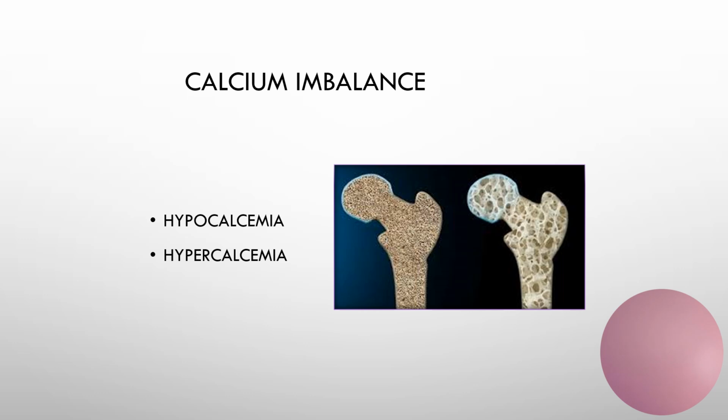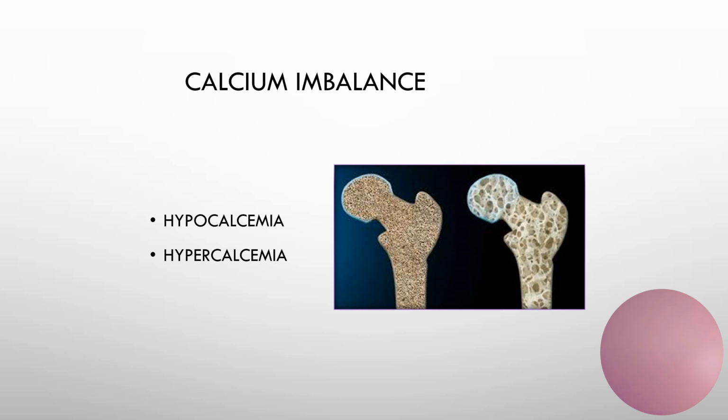We may have hypoparathyroidism, burns, pancreatitis, corticosteroids, blood administration. We have an intestinal malabsorption problem. It can often be the result of damage or inadvertent removal of the parathyroid during a thyroidectomy.